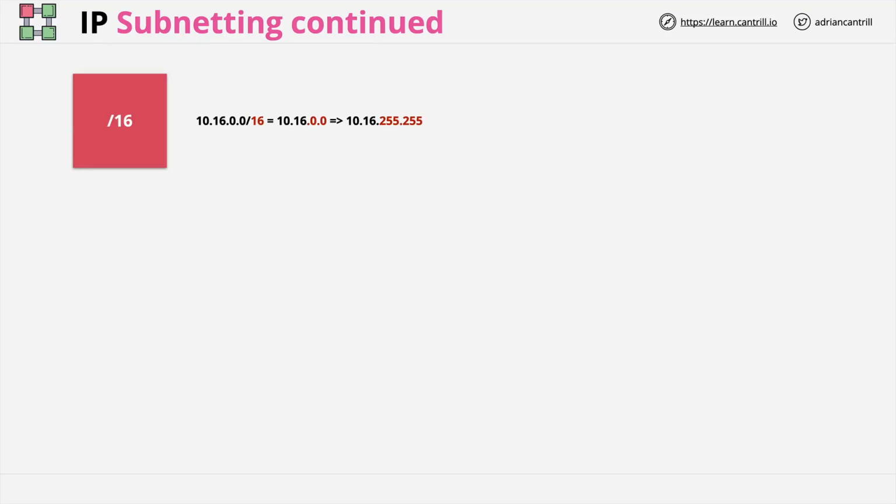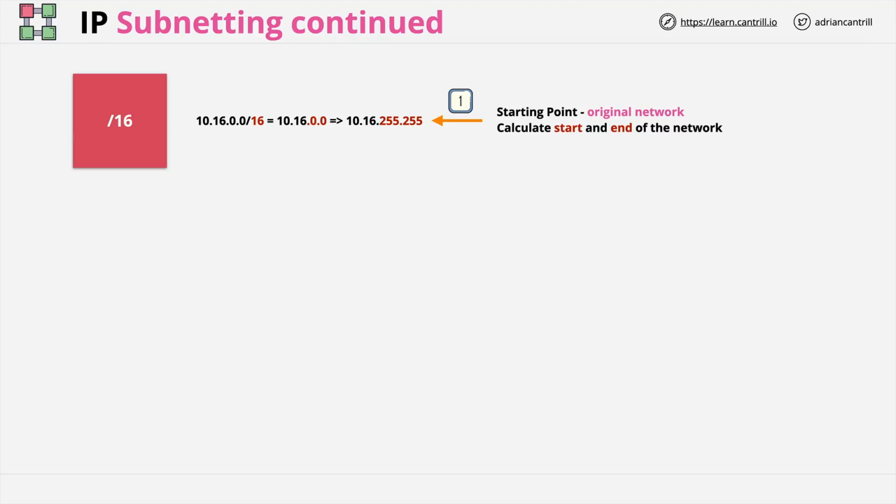10.16.0.0. Assuming we need 4 smaller networks, the starting point is to calculate the start and end of this network range. In this case, 10.16.0.0/16 starts at 10.16.0.0 and finishes at 10.16.255.255.